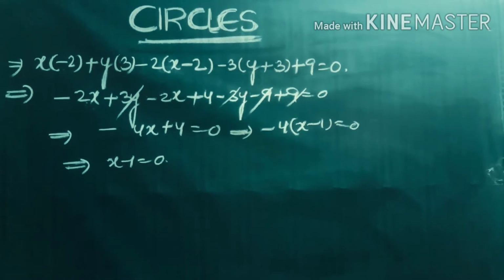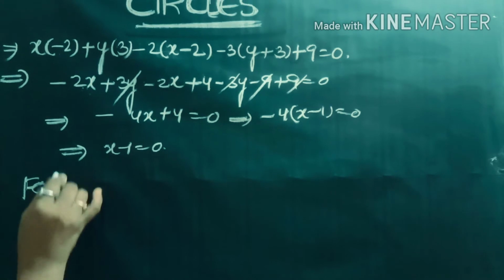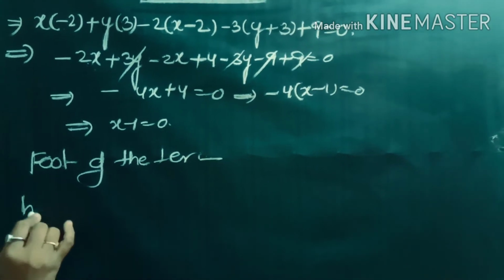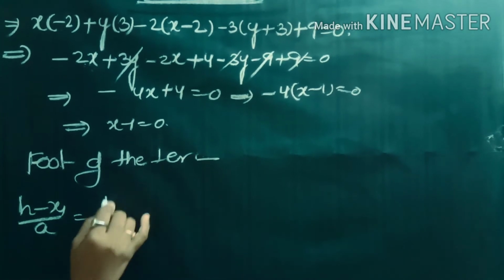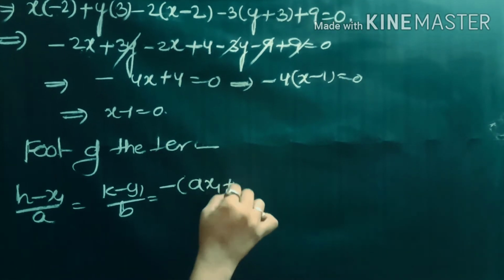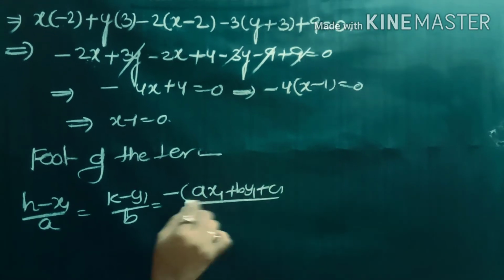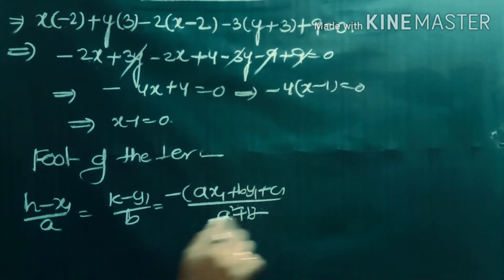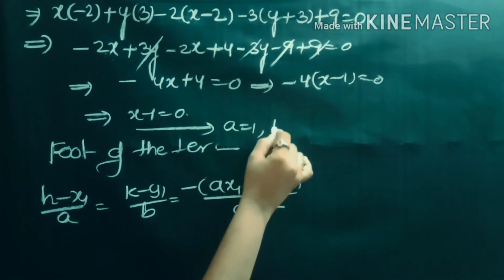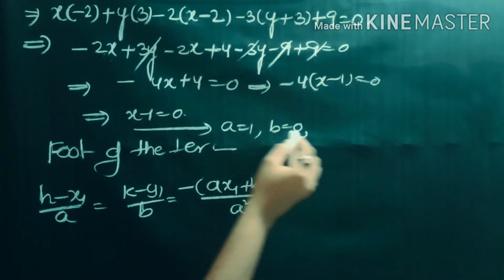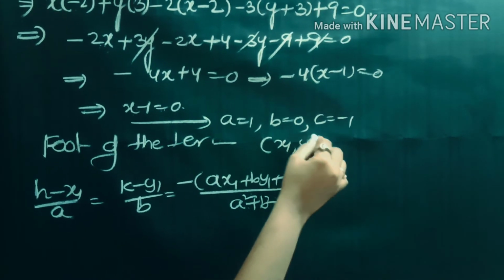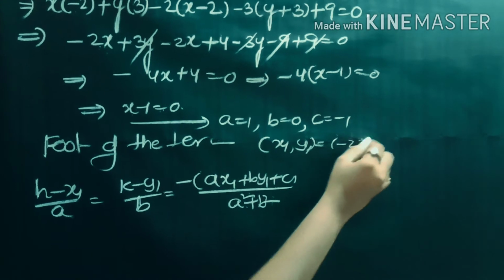Now we are finding the inverse point. For that, first we take the foot of the perpendicular formula: (h minus x1) by a equals (k minus y1) by b equals minus of (a x1 plus b y1 plus c) by (a square plus b square). In this equation, a is equal to 1, b is equal to 0 since there is no y term, and c is equal to minus 1, and the point P is (x1, y1), that is (-2, 3).